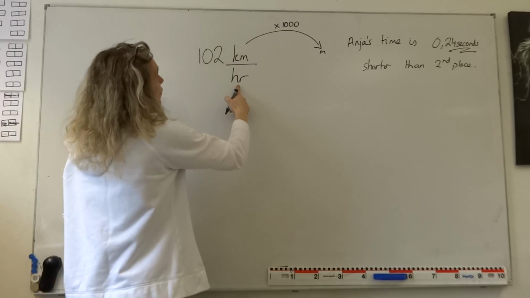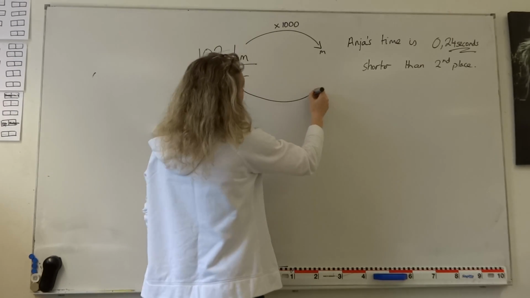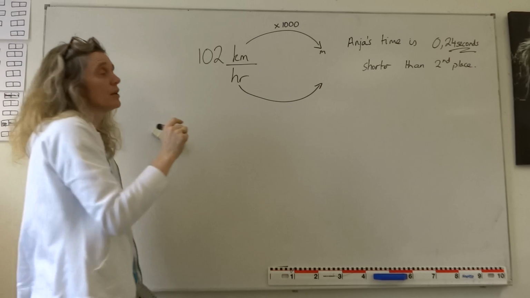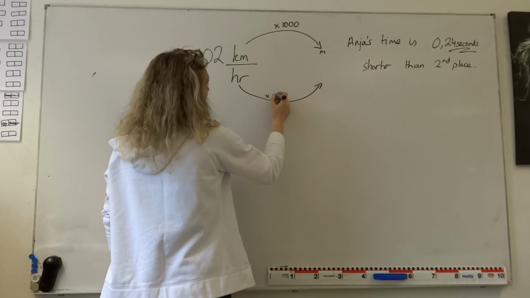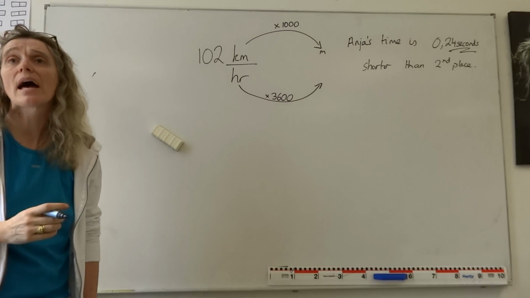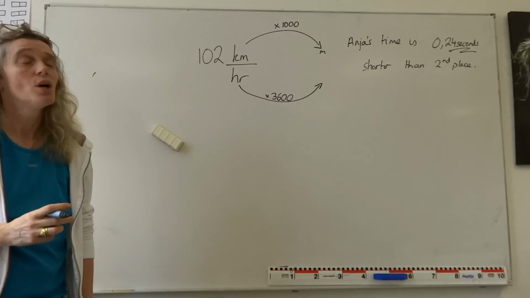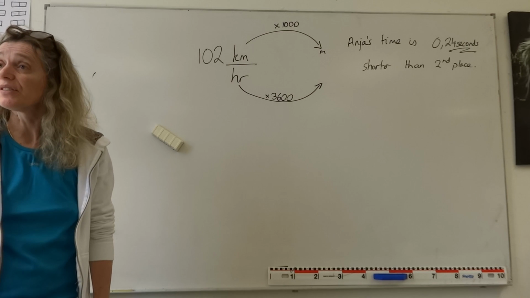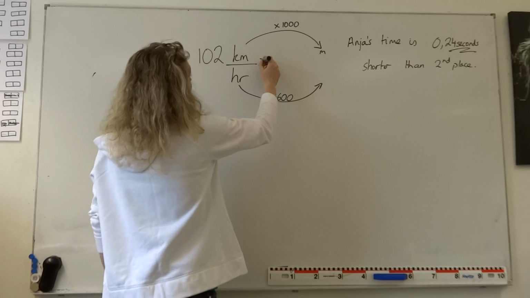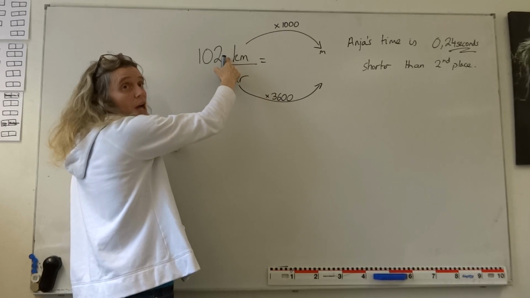If we were to convert 1 hour to seconds, we would multiply by 60 times 60, which is multiplying by 3,600.